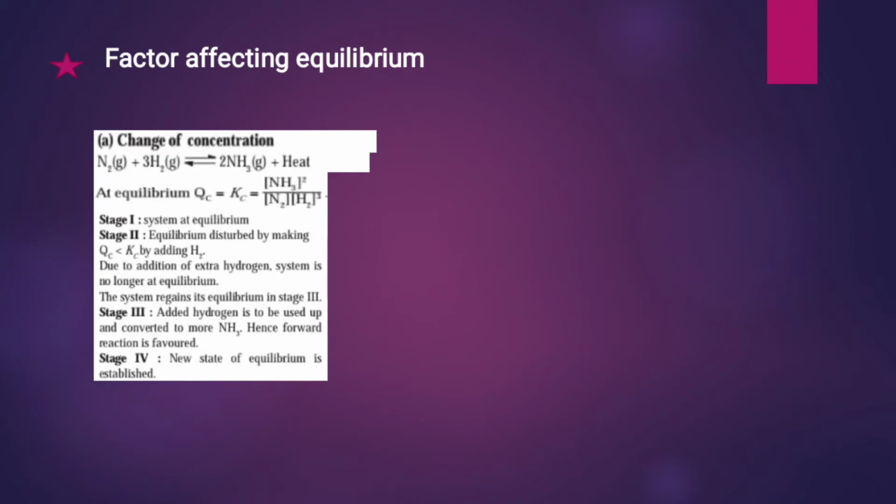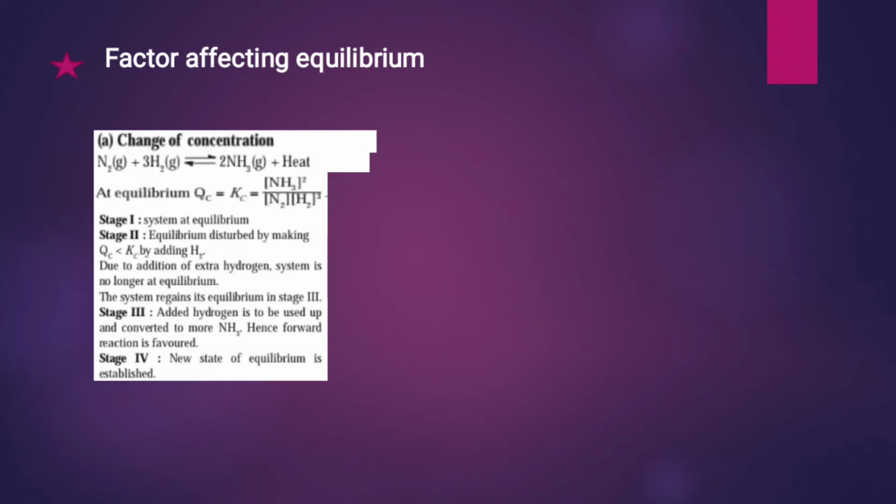In the second stage, equilibrium is disturbed by making Qc less than Kc by adding hydrogen. Here Kc will never change as it depends only on the temperature.